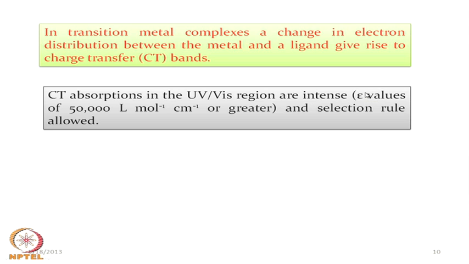And just now what I told you, the corresponding epsilon values are also very high, of the order of 50,000 liter per mole per centimeter, and in this particular case the selection rule is definitely allowed, because we are not talking in terms of the dd transitions.